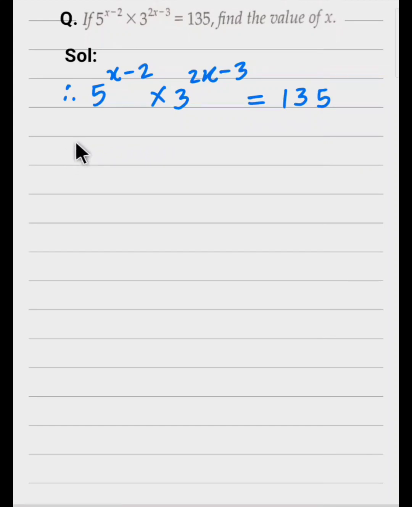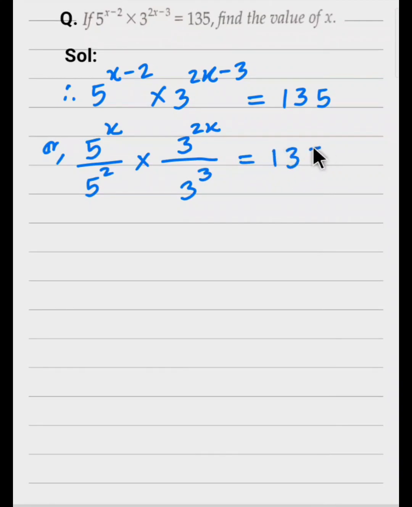Now see how to solve. 5 to the power x divided by 5 to the power 2, I can write as 5 to the power x minus 2. So the negative sign will be in division form. Now into 3 to the power 2x, and then 3 to the power 3. So that is equal to 135.